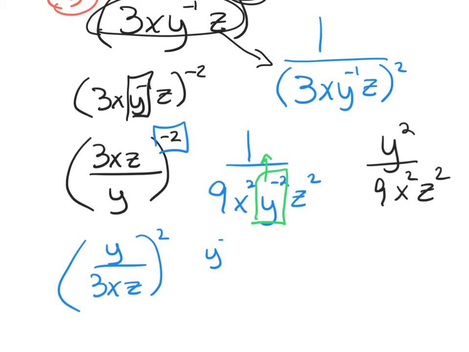And make it y squared, 3 squared is 9, and then x squared, z squared. That's another way to do it. All right, let's try another one.